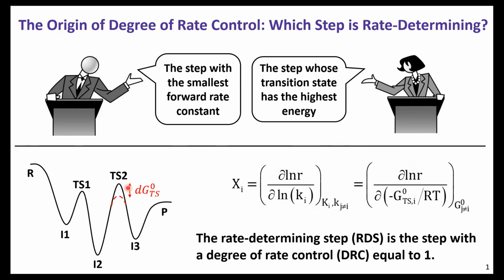It is, if you change the energy of a transition state in the reaction mechanism, how much the overall rate will change with this energy change. With the DRC analysis, you can easily define which step is rate limiting because in the rate limiting step, the DRC equals 1.